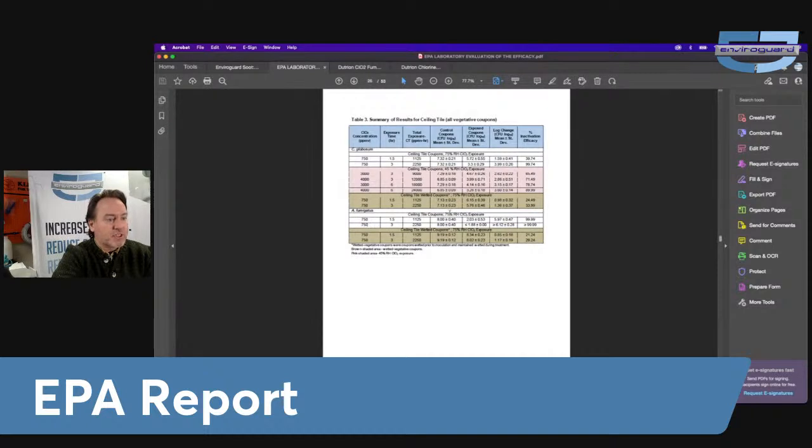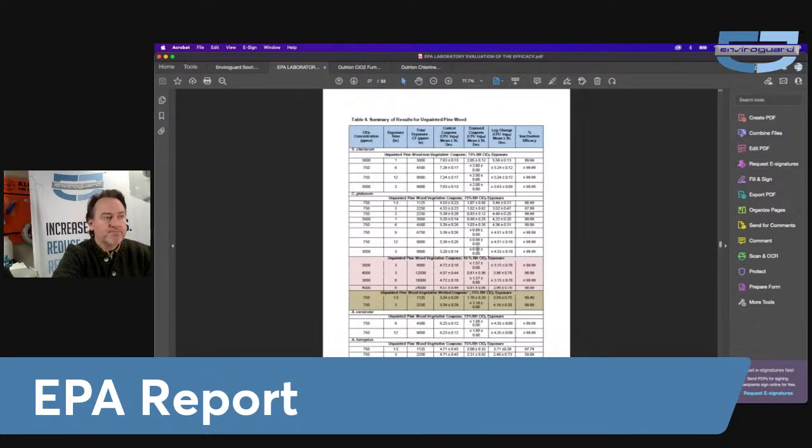Again, 75% RH, 750 parts per million over 3 hours. Gave us that greater than 4 log rate. And then we go back to 75% RH, but on a wetted surface, we don't get close again.